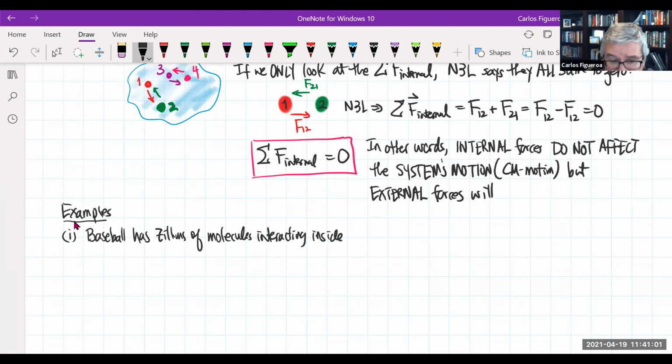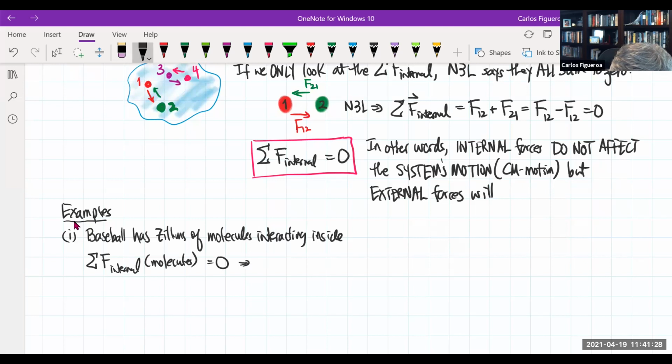There's lots of interactions inside of a baseball. So you could imagine that because of that, we know then that the sum of internal forces of all of those zillions of molecules, because the number of molecules inside the baseball is fixed, what's it going to do? 0.